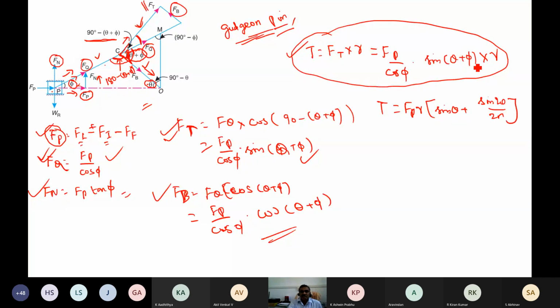This is the equation, right? Here phi is replaced with theta. Otherwise, you can use the same equation, no problem. So these are all the equations we have for the force analysis of the slider-crank mechanism.